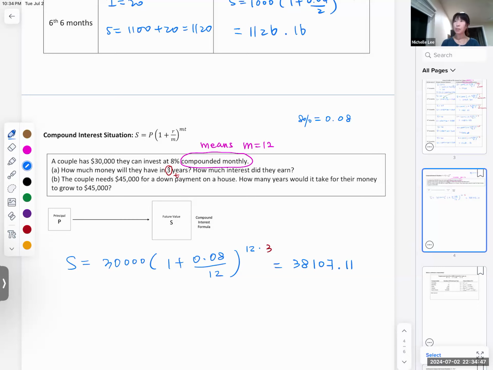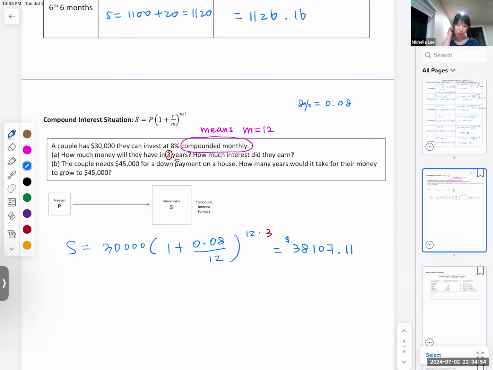Okay, how much interest did they earn? This is the amount they make in 3 years, so we want to calculate the interest.